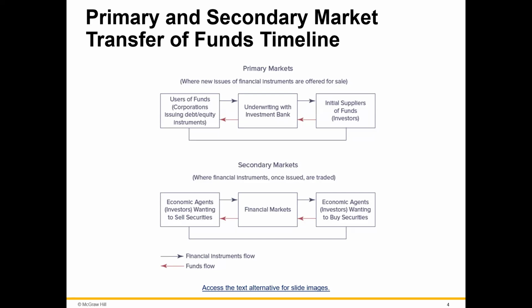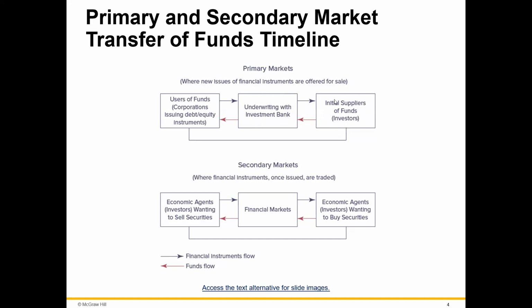Continuing on the primary versus secondary markets, here's an illustration of how a financial institution and a financial market play a role. In the primary market, when the company is selling to the public, they may use what we call an underwriter with an investment bank. So when you hear the term investment banking, this is one of the things they do. The corporation contacts them, they put the deal together, and then they help issue the shares to the public.